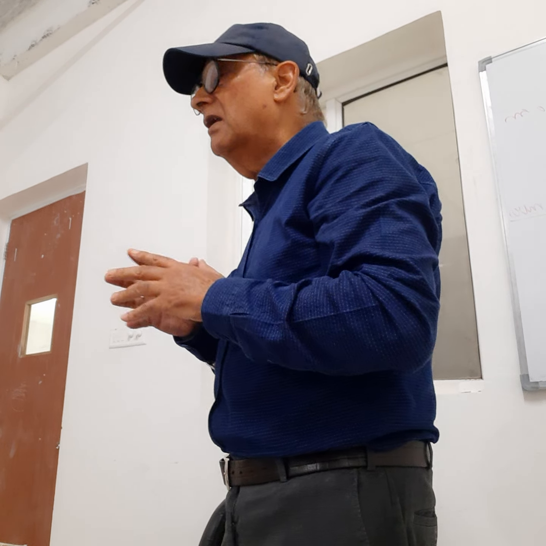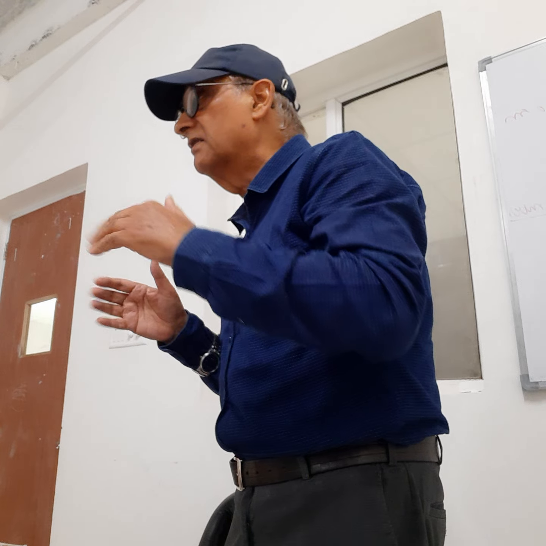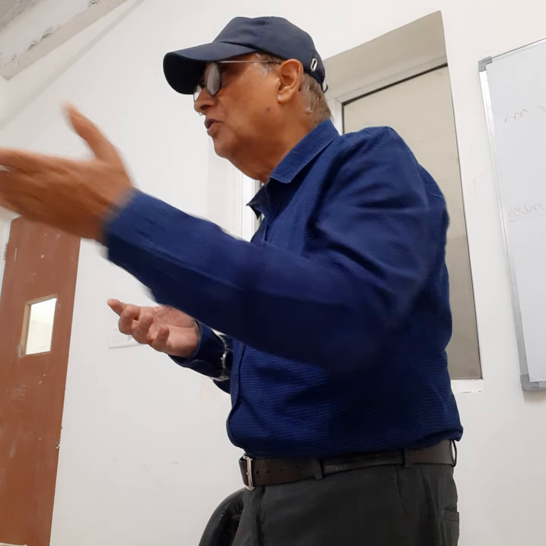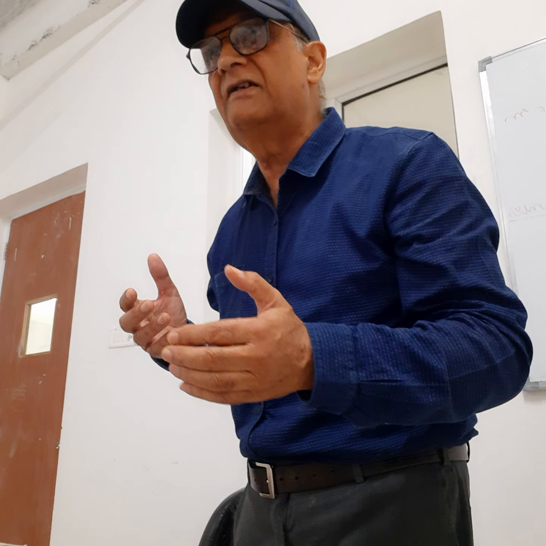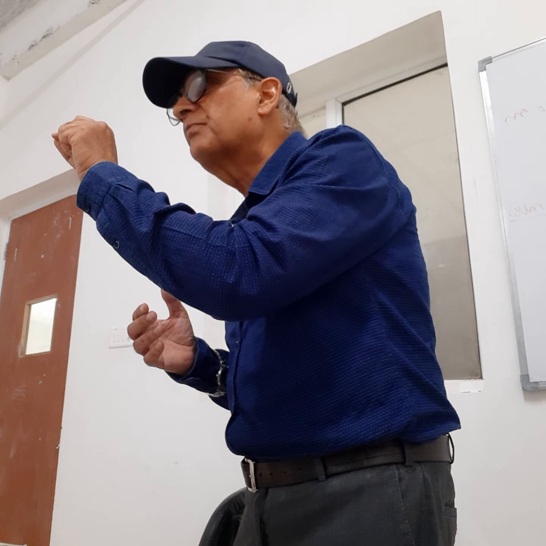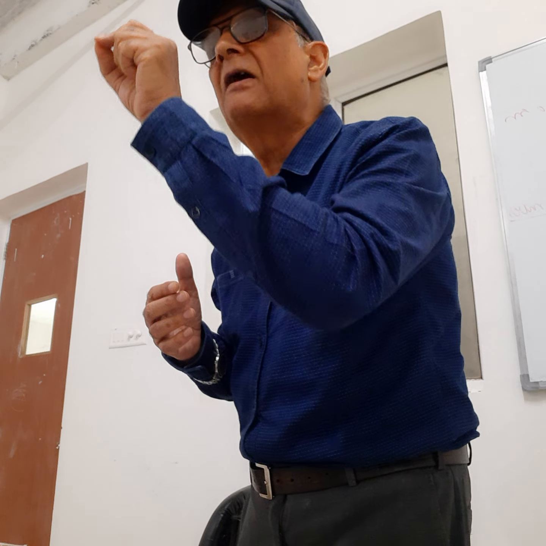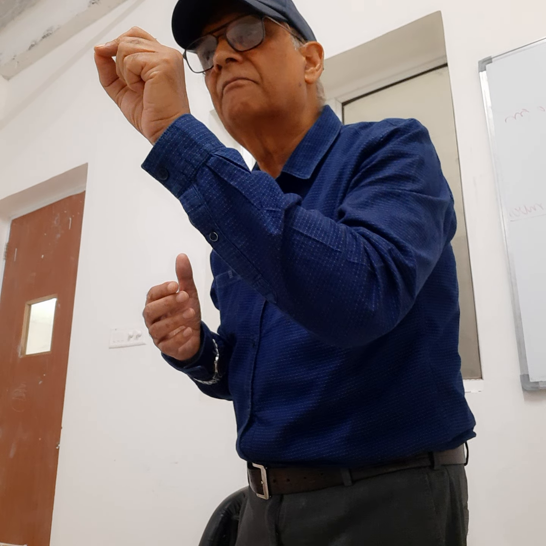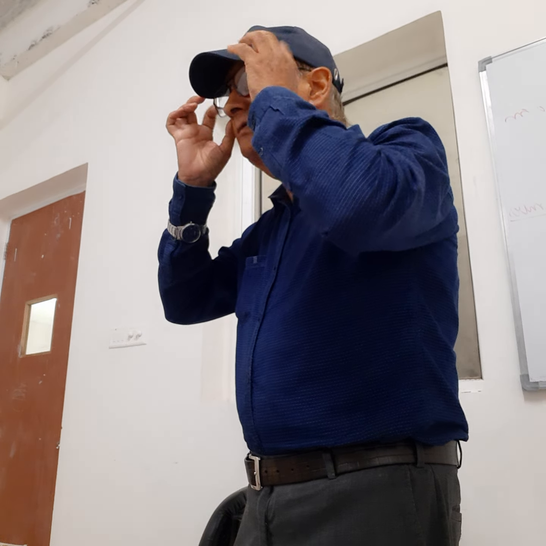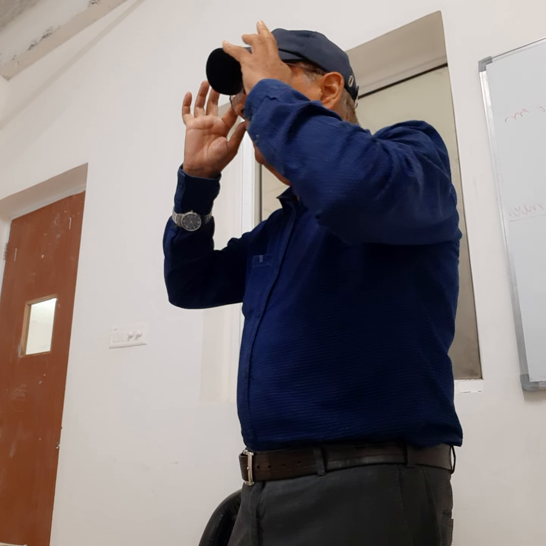Lid retraction. The sclera is visible. Generally, it is not visible. You look into each other's eyes, you will find the lids partly cover the cornea above the pupil. Okay? But in exophthalmos, you can see the sclera.